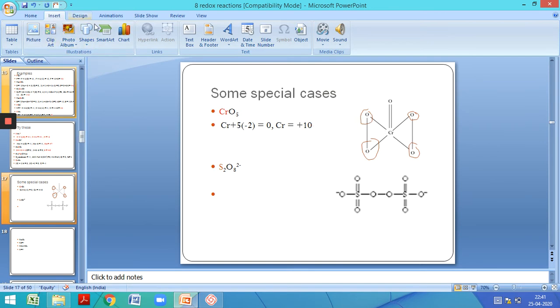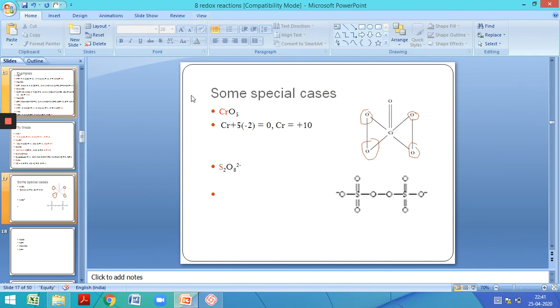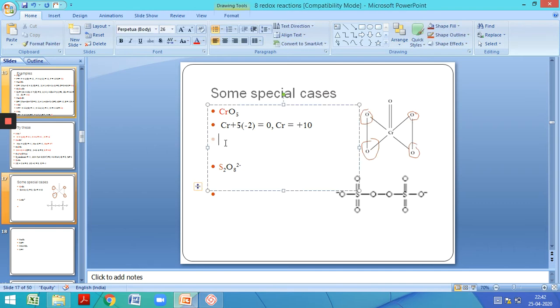Therefore, 4 of our oxygens have an oxidation number of minus 1: minus 1, minus 1, minus 1, minus 1. So chromium plus 4 oxygen plus 1 oxygen. These are the different ways in which atoms are attached.